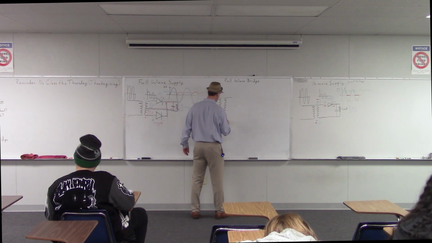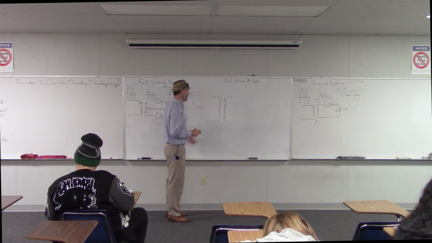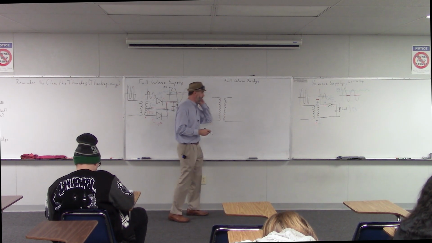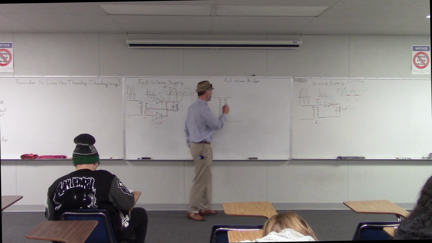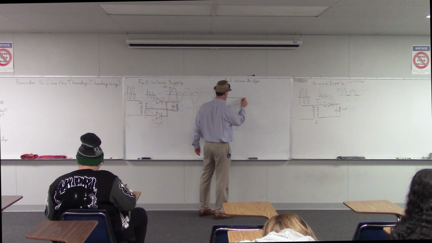In this case, we don't use a center tap transformer. We just use a regular transformer. And then we have a rectifier next. This rectifier is the most complicated of the three.